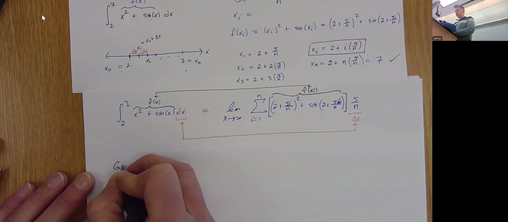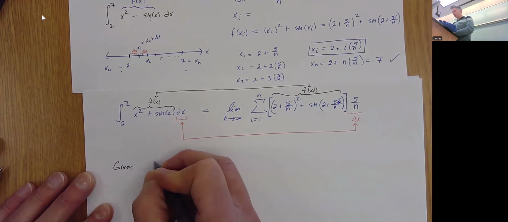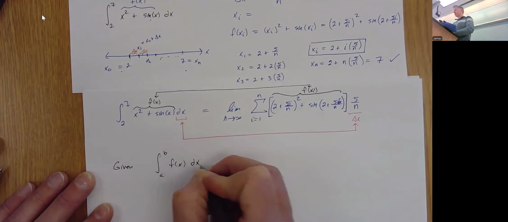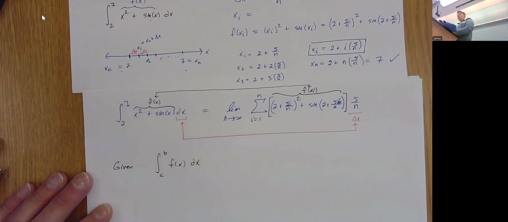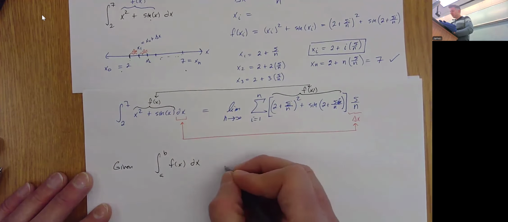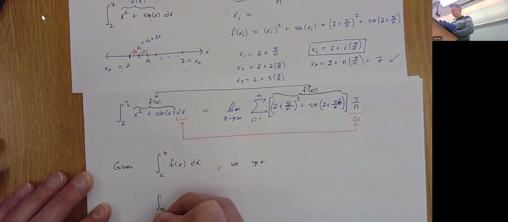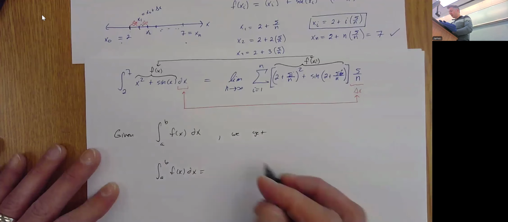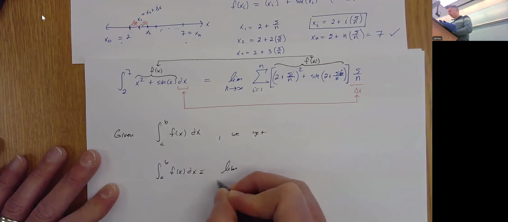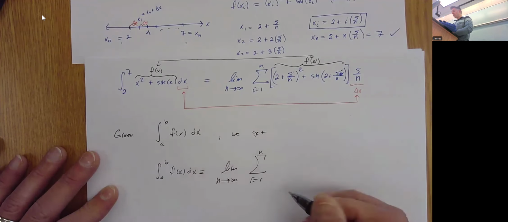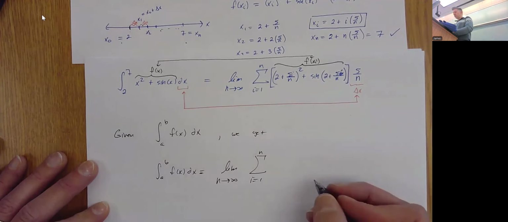So if we're given that you have the integral from a to b of f of x dx, and you want to write the limit definition of the area, we get that the same thing, which I love writing the same thing again, is equal to the limit as n goes to infinity of the sum, i equals 1 to n, of f of x sub i. But let's be a little more specific here.